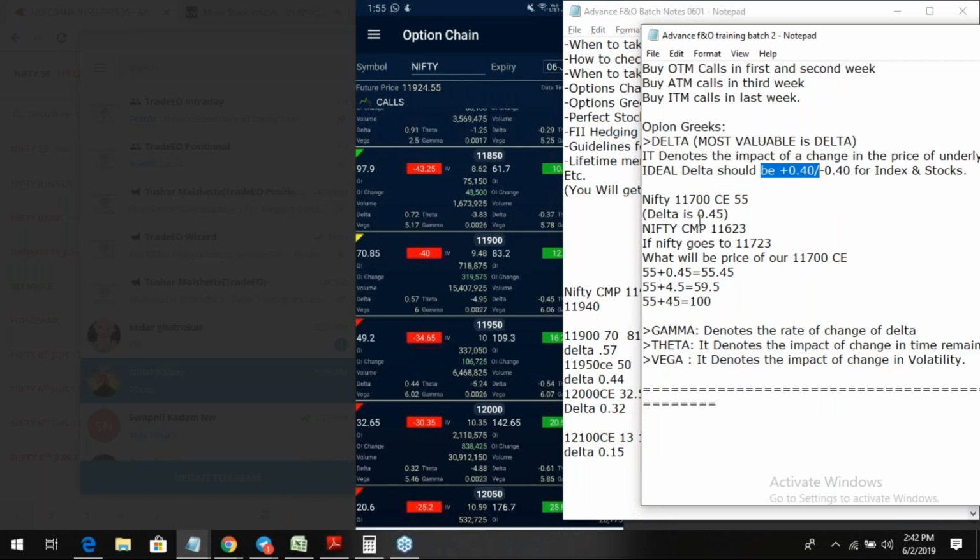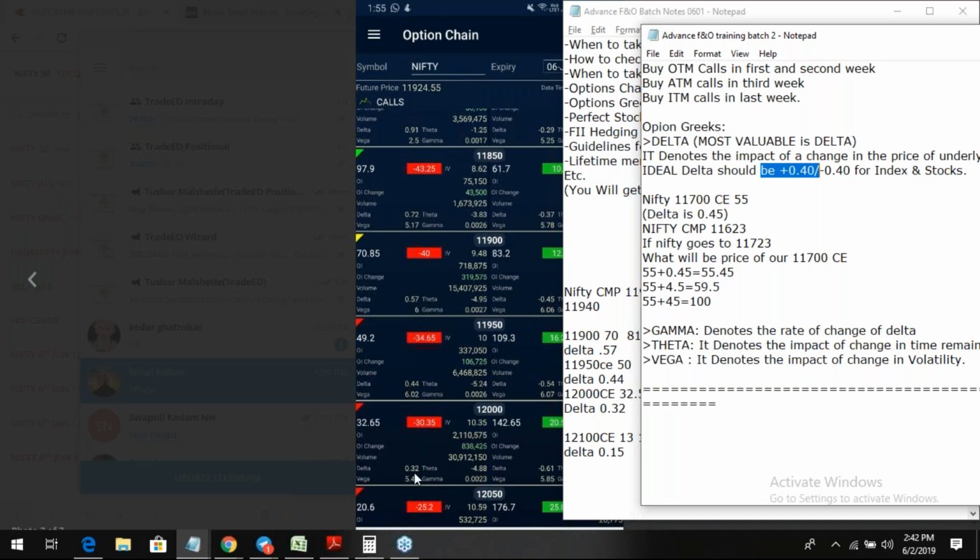If the delta is 0.5, 0.7, 0.9, and you can manage to buy, if you have money, you can buy at 100 rupees, but your investment is also high, right? Here I'm getting less profit, but my investment is also less. But don't buy far out of the money calls which have very little delta.